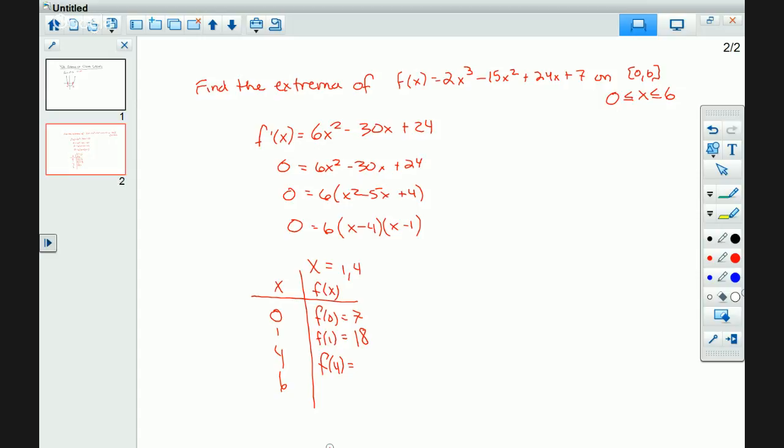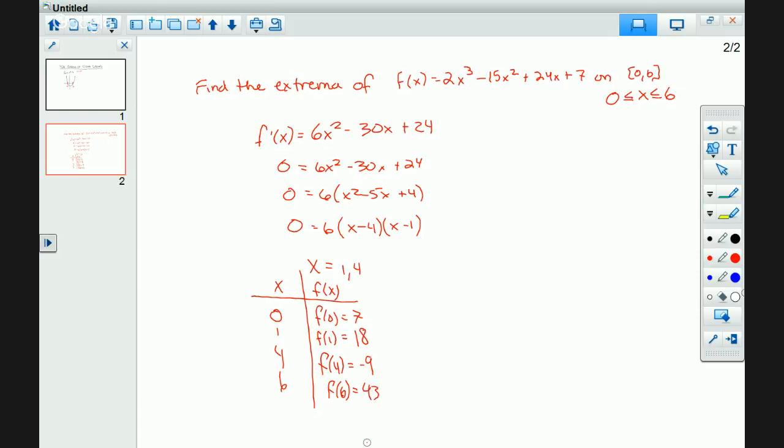Let's look in the book. Negative 9. And what's F of 6? 43. The book says 43.